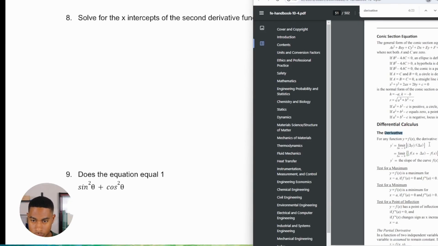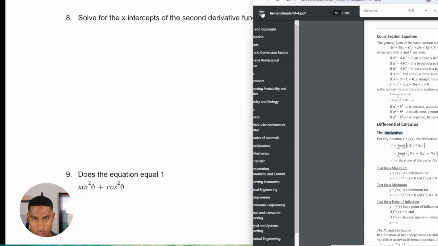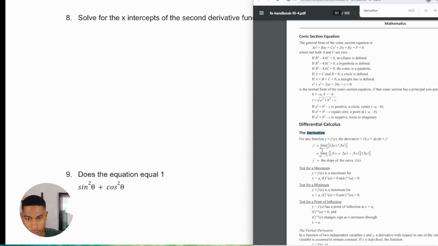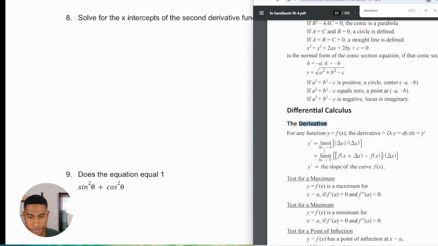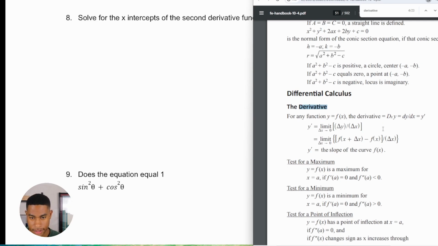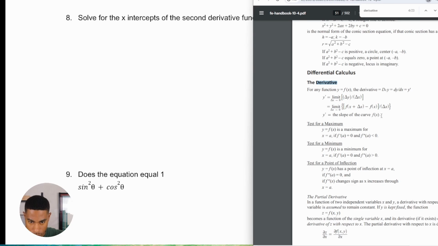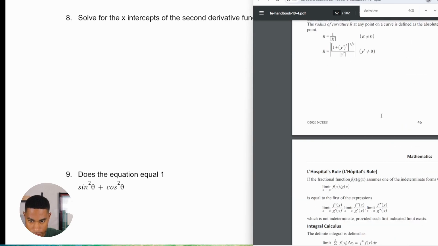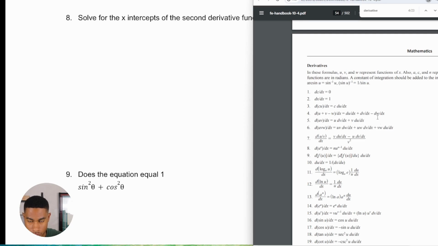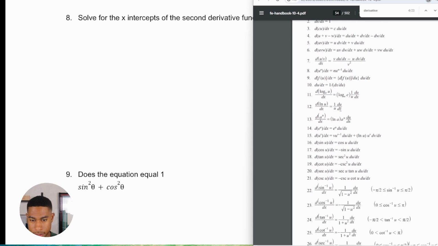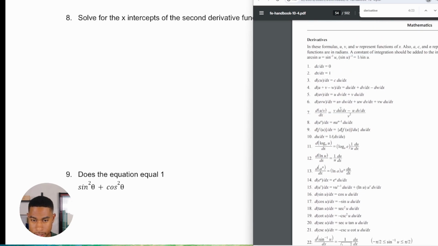Okay, so they do give some definitions where they say that the derivative for any function, the y prime, is equal to the slope of the curve. But they don't really help otherwise. Yeah, the handbook just really doesn't help us here. And so you just need to know how to take the derivative of a function.